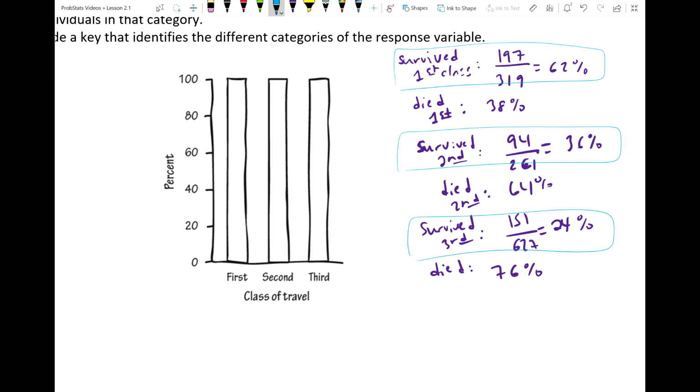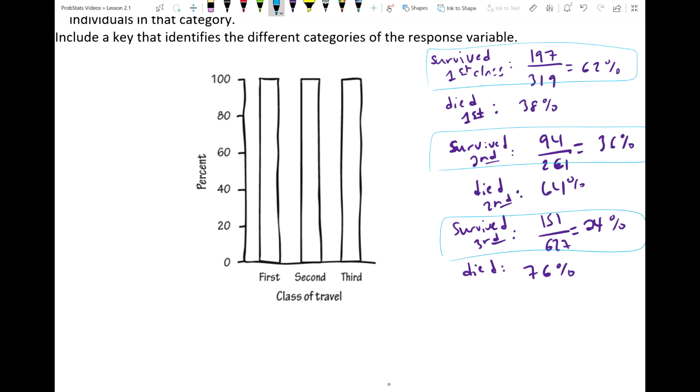We're going to make a key out of this basically. So red means died.